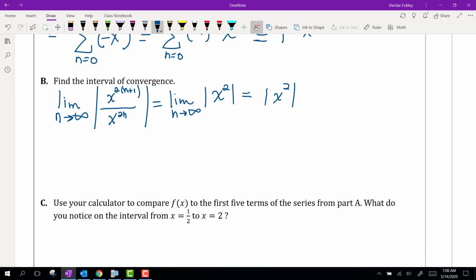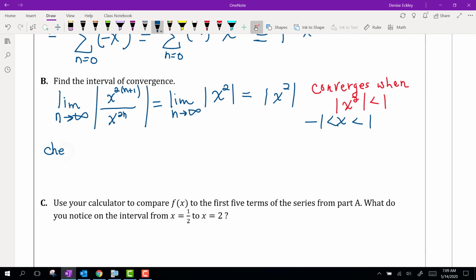And so remember, this converges when the absolute value of x squared is less than 1. So that leads us to negative 1 is less than x, which is less than 1. We have to check the endpoints.